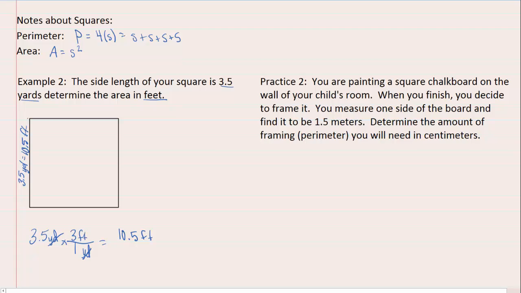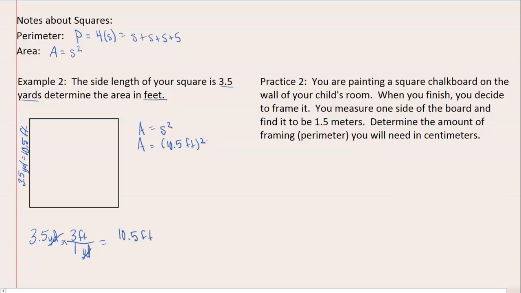Since 10.5 feet is one side, that would mean that all sides are 10.5 feet. And to find an area of a square, I should have one side squared. So that would mean that I had 10.5 feet, and I would need to square it.